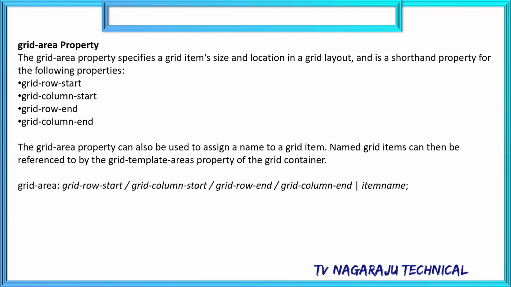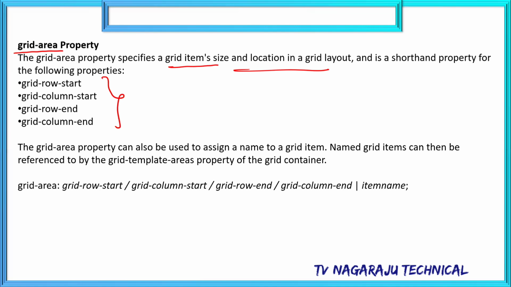Now, in this session, we are moving into another property, that is the grid area property. What is this grid area property? Mainly, this property specifies the grid item size and location in the layout. Simply, it gives the starting and ending of the rows and columns.